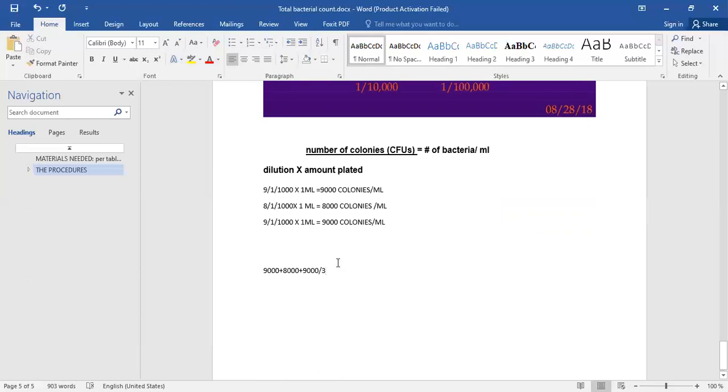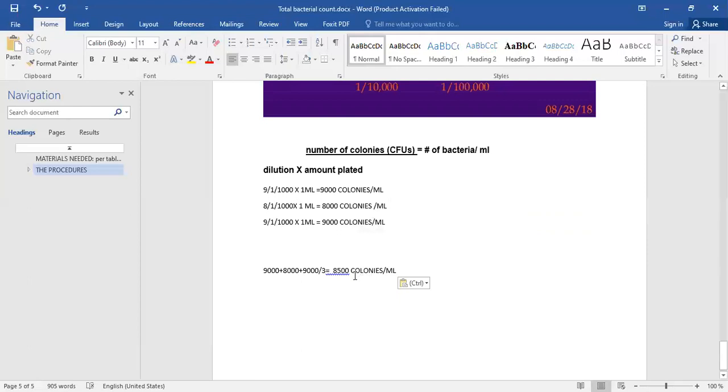So after calculating it, we got 8,500 as the final result. So 8,500 colonies per ml is the result of this study.